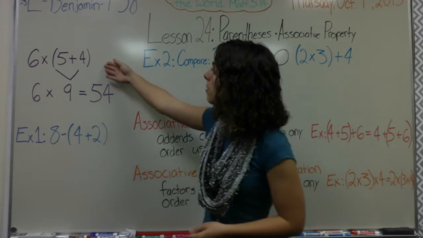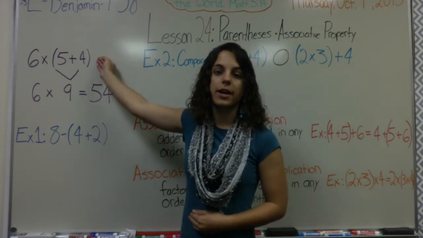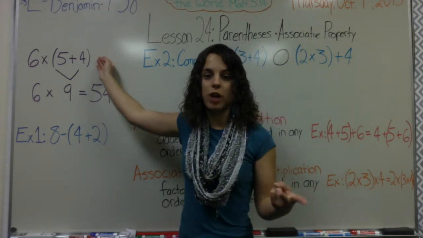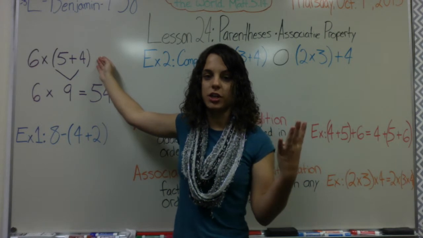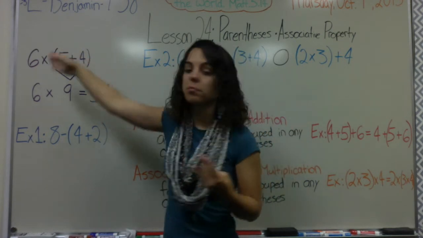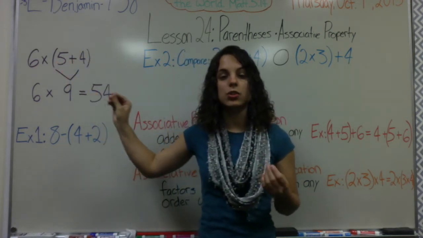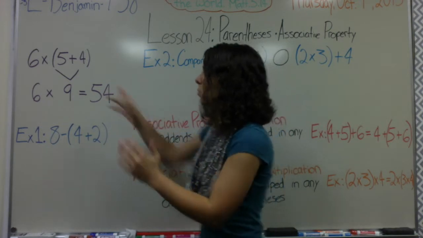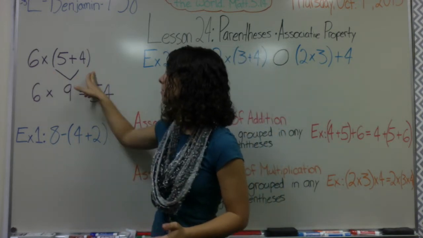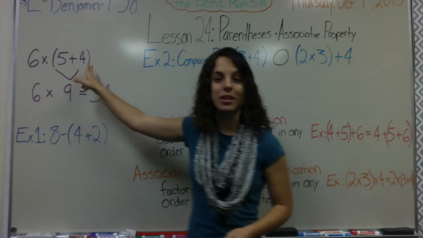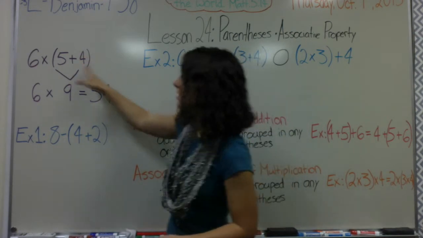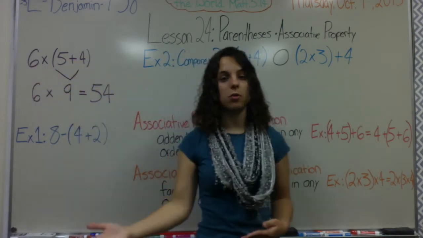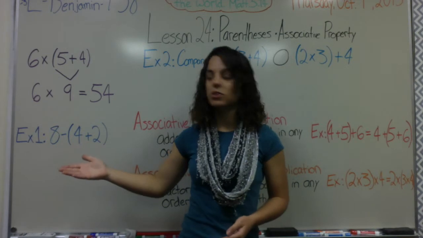Now, when I have a problem where I have more than one order of operation, meaning either addition, subtraction, multiplication, or division, I'll have a group of parentheses around a certain group, meaning right here, 5 plus 4. So I have parentheses around these two, and when we honor the parentheses, we put them first.